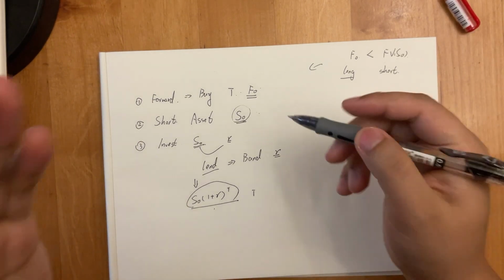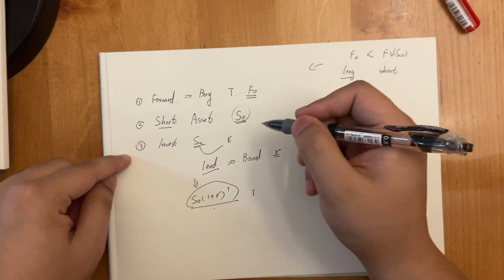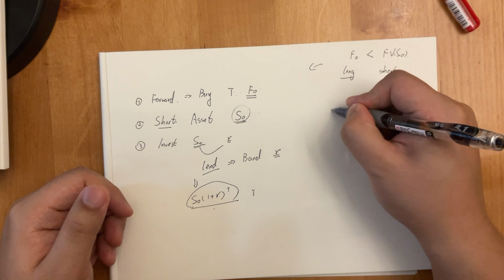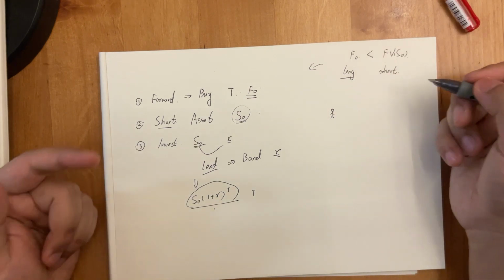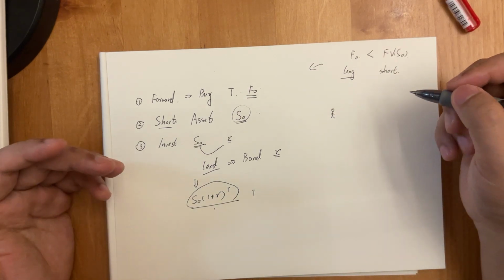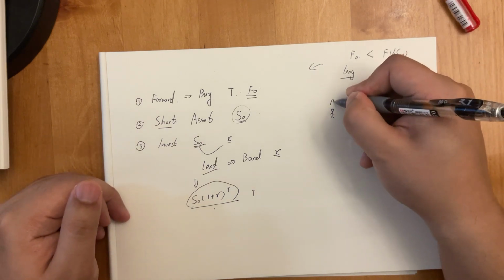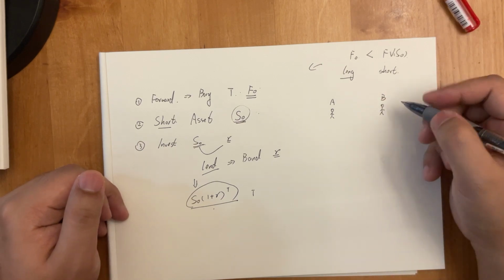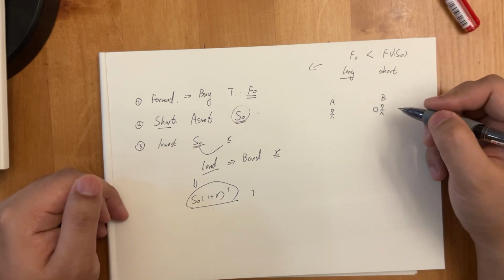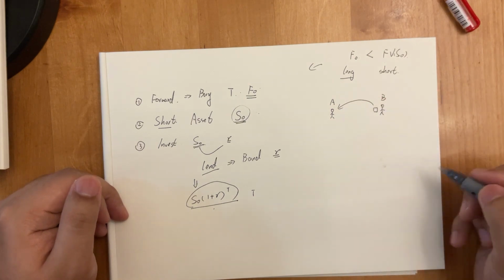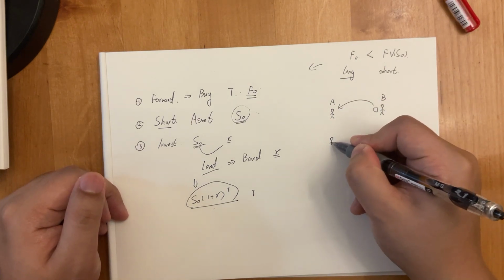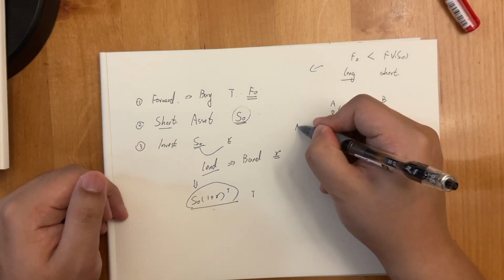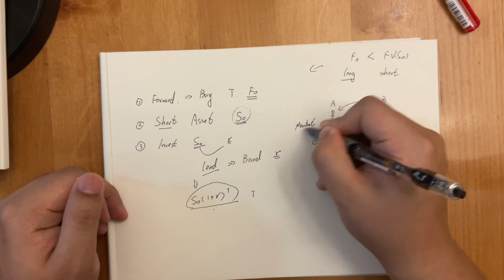And let me just be clear. If you are short a specific asset, basically you want to short that asset, but you don't have that asset. So you borrow the asset. So for example, you are A, there's a person B here. You don't have that asset. Person B does have that asset, and they just lend it to you, and you got that specific asset right now, and you sell that at the market price.